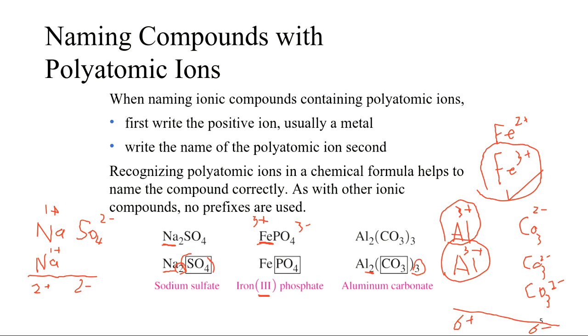How am I going to name it? Starting with the metal, aluminum, then the second step, I name the polyatomic ion. If the metal is from the transition elements, I have to write what the charge is, like iron 2 or iron 3. So between brackets, we have to mention the charge for those transition metals.